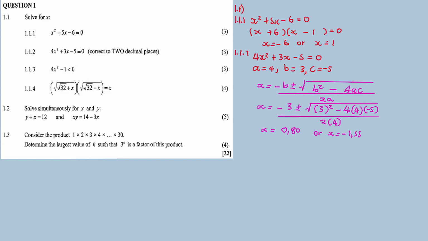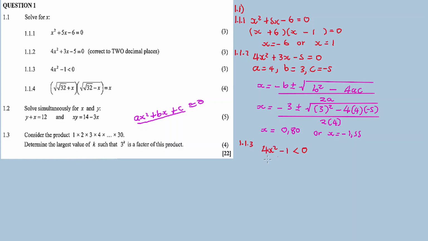1.1.3 is a quadratic inequality. 4x squared minus 1 less than 0. Here I just try to look at the quadratic equation in standard form.